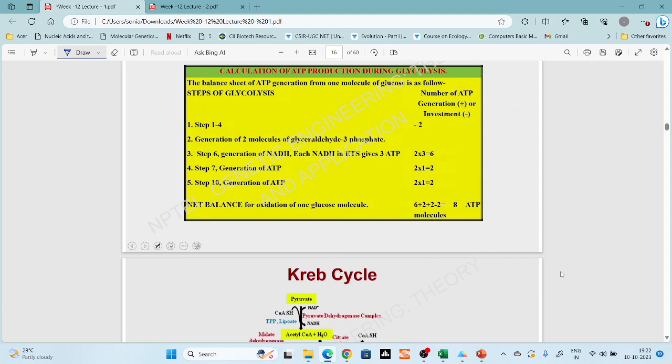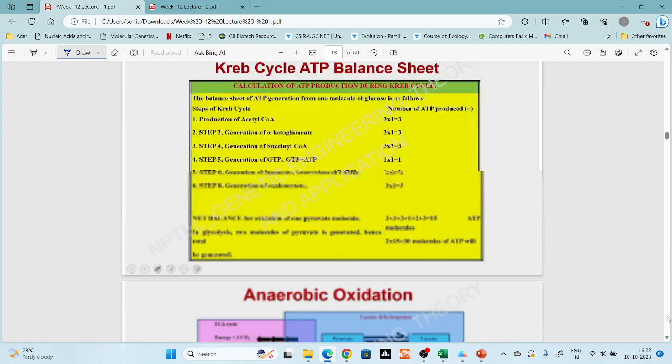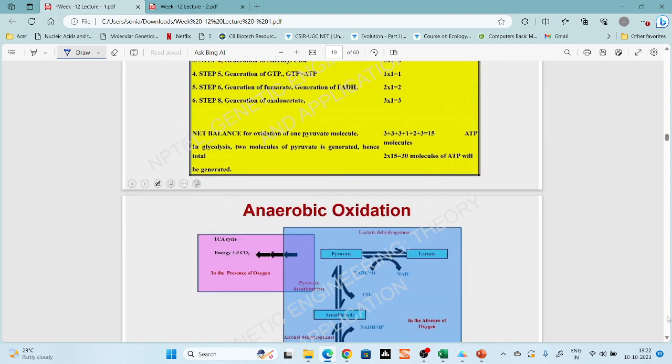In the first class itself, we had a very elaborate, detailed discussion about how this ATP is generated. Then we studied how, after glycolysis, the Krebs cycle completes the generation of ATP.